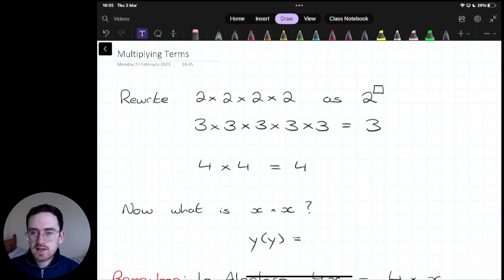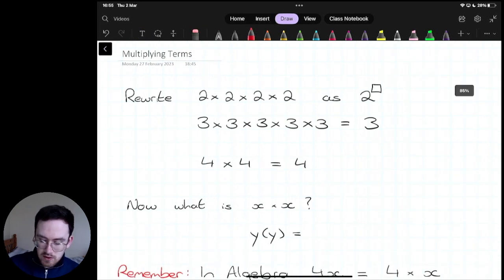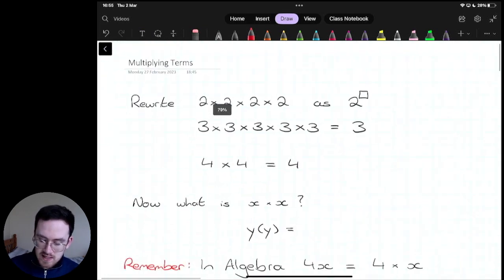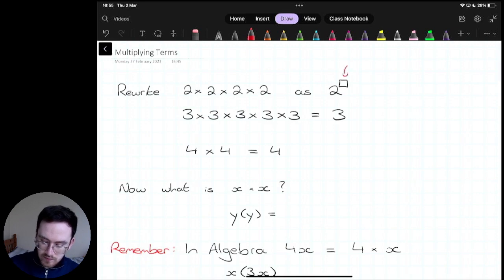To look at that, we're just going to start by leading us through it and looking at things that we know already. So if we have 2 multiplied by 2 multiplied by 2 multiplied by 2, we can rewrite that using what we call powers, or indices. The number at the top, this power, tells us how many times we are multiplying.